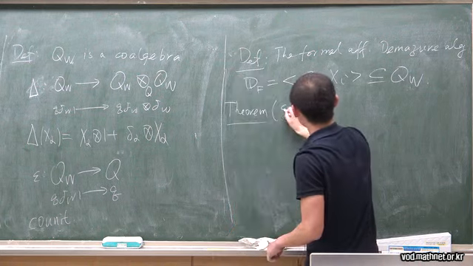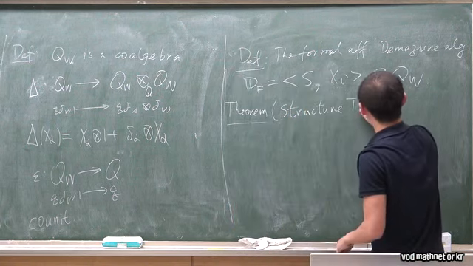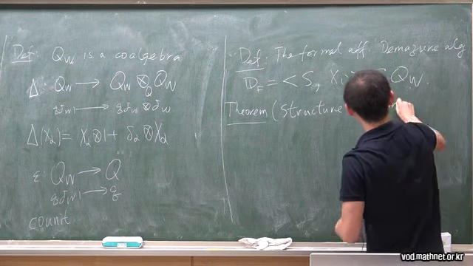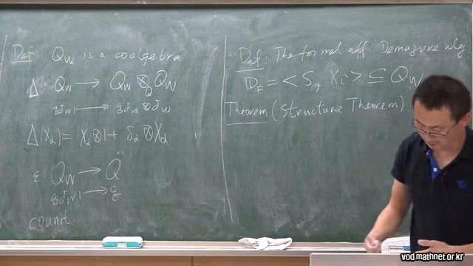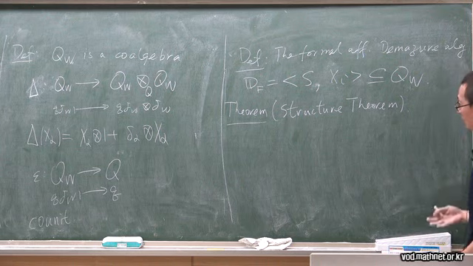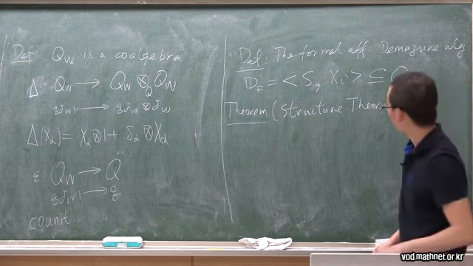So this one we call the structure theory. This is an important theory, even though it's not applied many times, but it settles down the structure of this formal affine dimensional algebra.